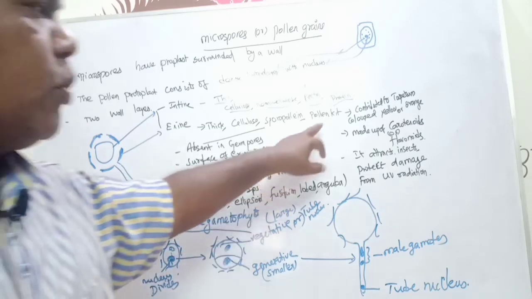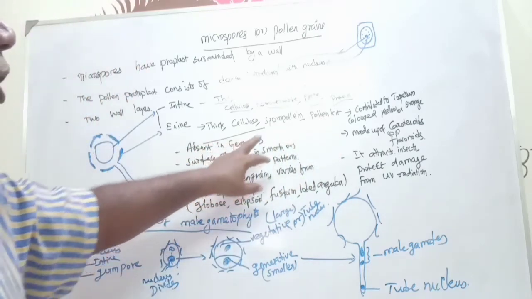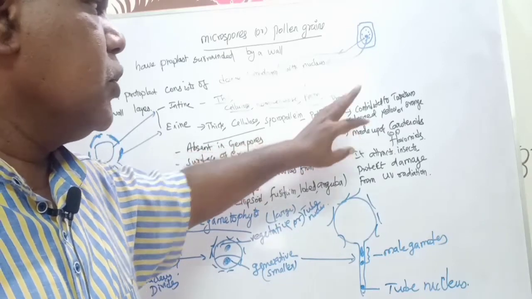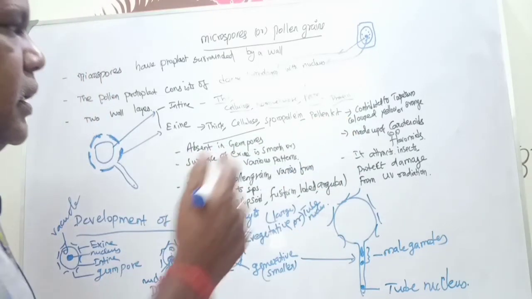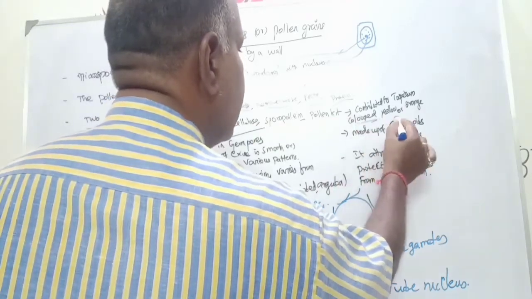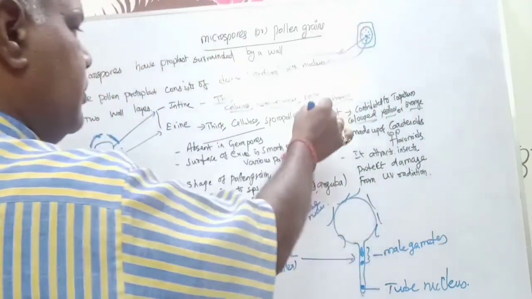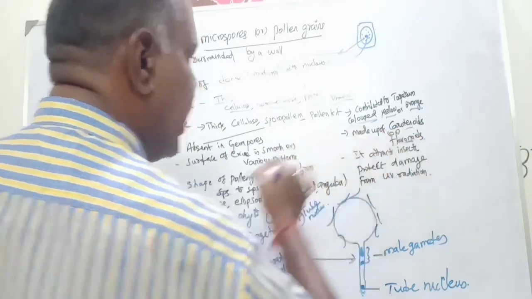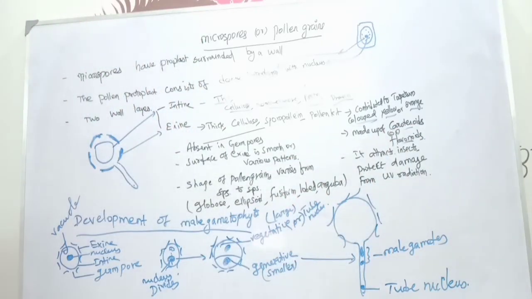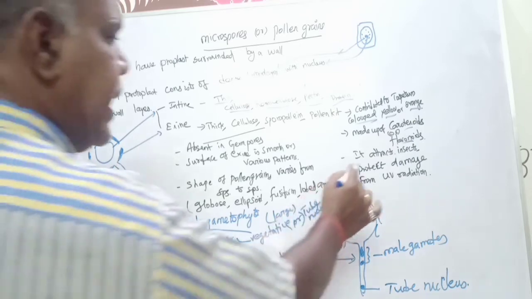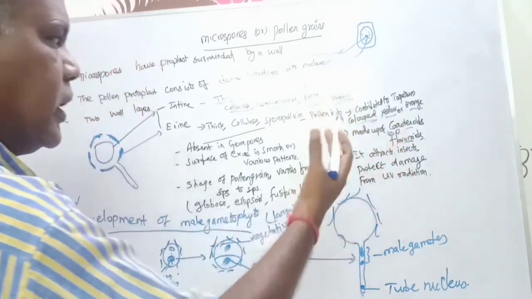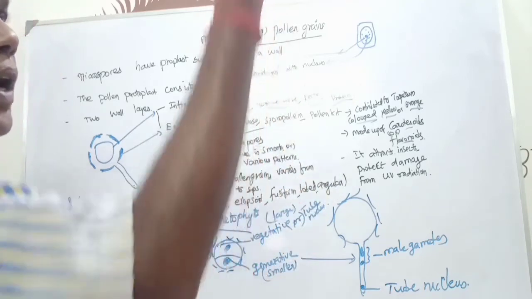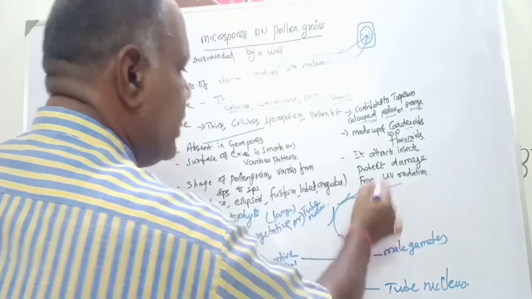The next one is the pollen kit. These are the 3 more questions: sporopollenin and pollen kit. The pollen kit is contributed by the tapetum. It produces a yellow or orange color. It is made up of carotenoids and flavonoids. It attracts the insects, and the colored pollen kit protects from damage by ultraviolet radiation.